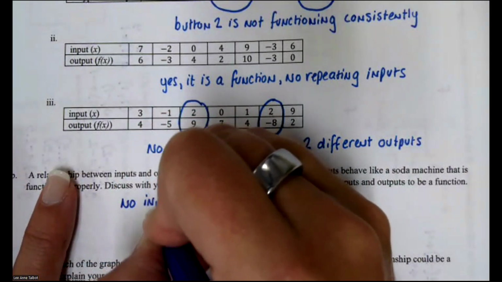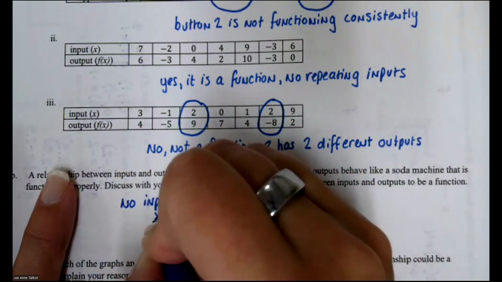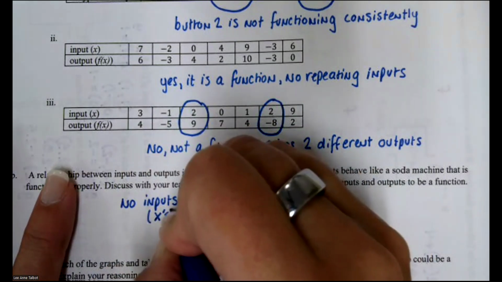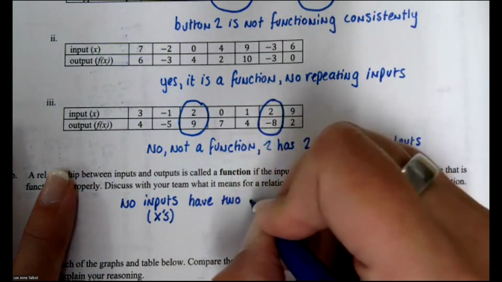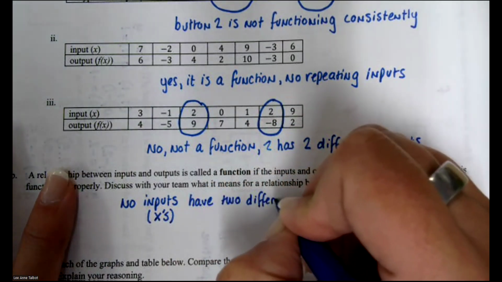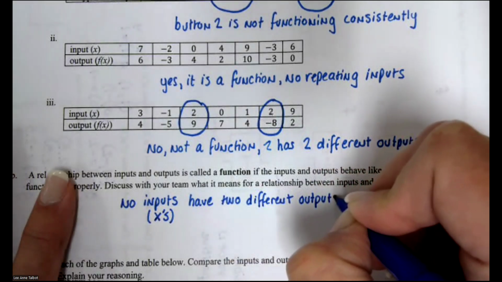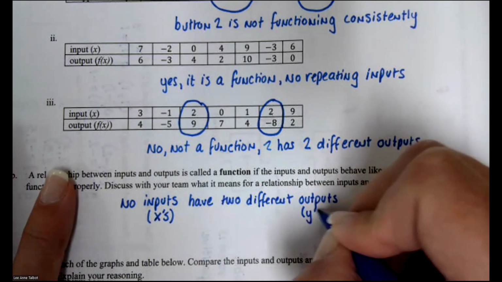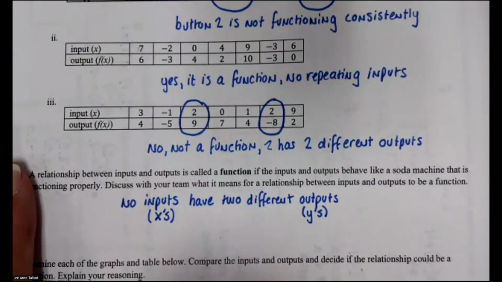No inputs, which are x's, have two different outputs that are y's. So no x's have two different y's.